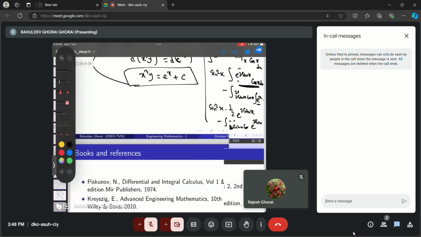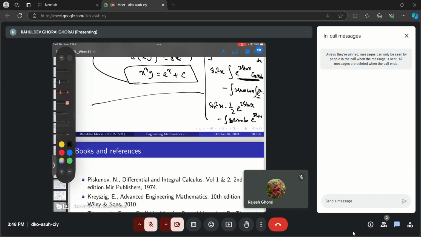If you do integration by parts again, the first quantity is 1/2 sin² x e to the power 2 sin x, then minus 1/2 sin x e to the power 2 sin x, plus at the end you get 1/4 times e to the power 2 sin x.